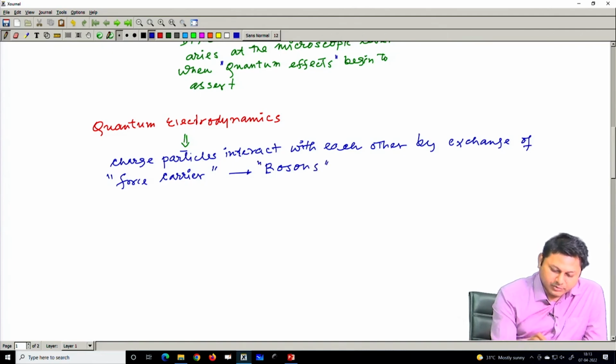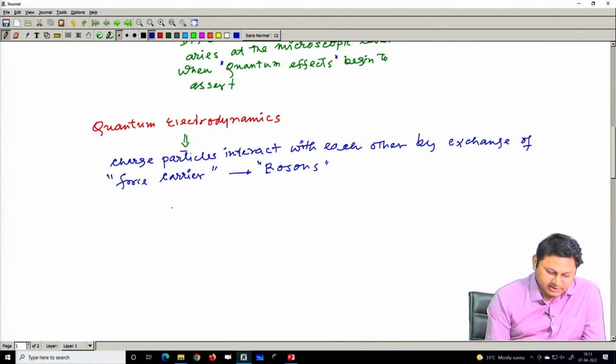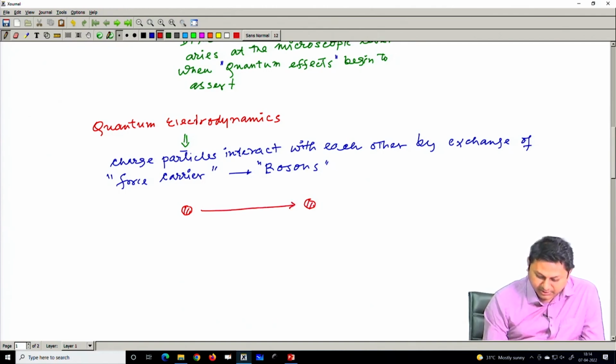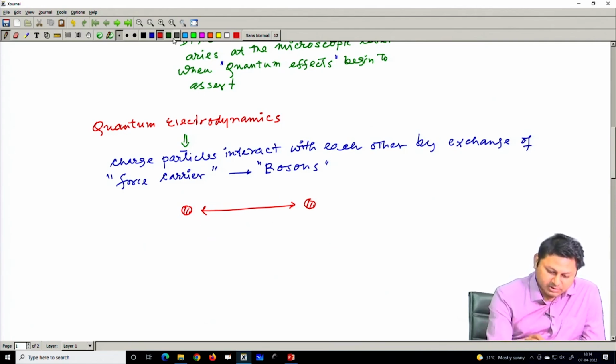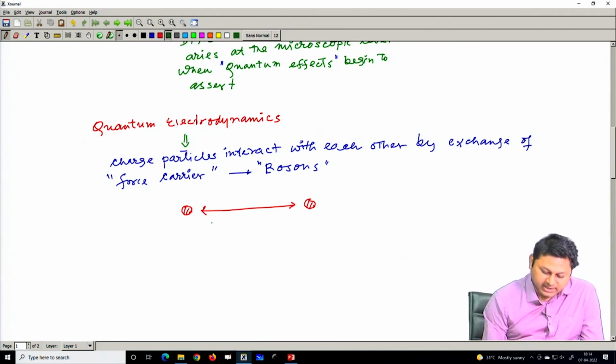So, constantly, when two particles are there at the quantum level, they interact with each other by continuous exchange of force carriers.